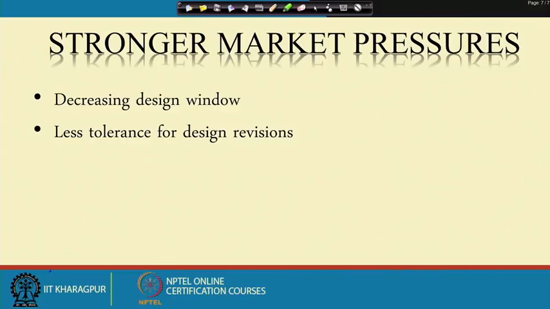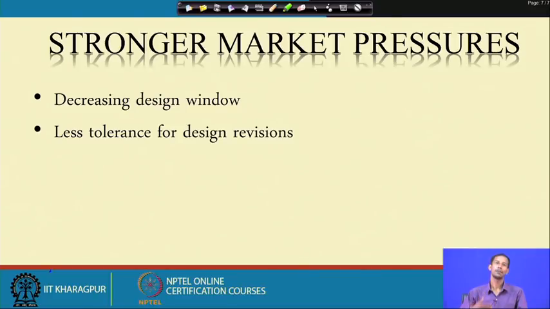Why do I need to know about, or what is the intention for learning, these architectural designs of ICs? Because there is a stronger marketplace. Stronger marketplace means that nowadays every 3-4 months your cell phones are changing, coming with newer features.